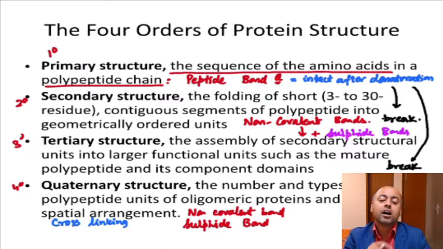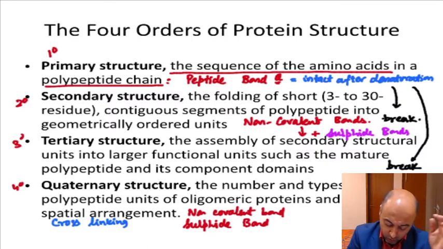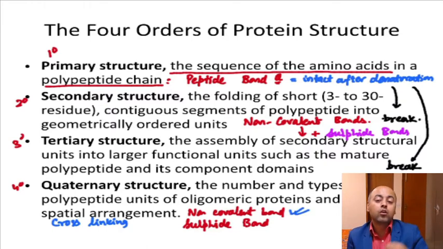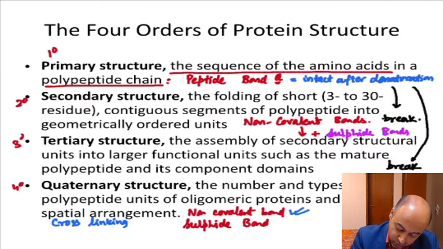Cross linkings are covalent bonds between the side chains. The side chains have the functional groups, so they can also bind together by forming a complex. So the cross linking can be happening between the side chains. But majority of the bonds in this structure will also still be the non-covalent bonds. So the same thing will apply here also.